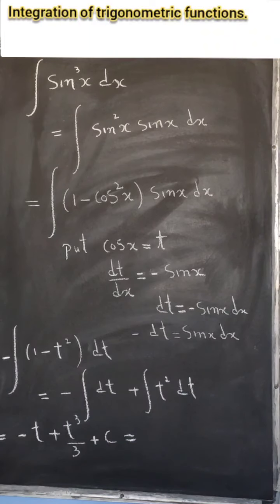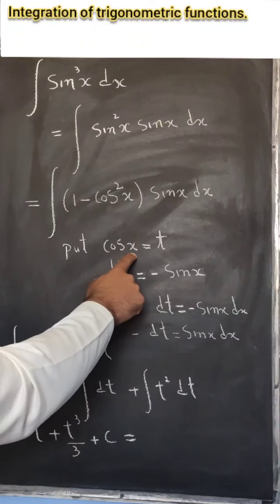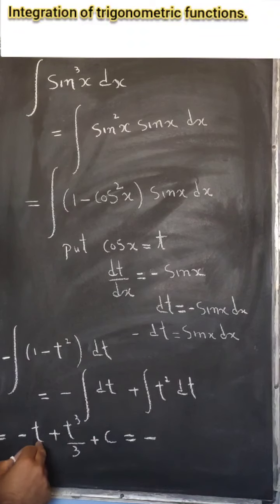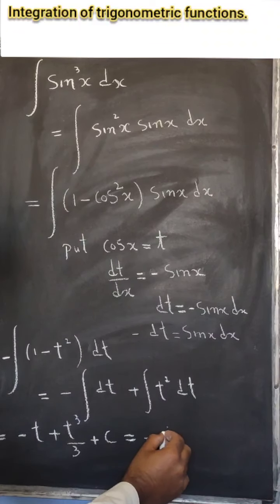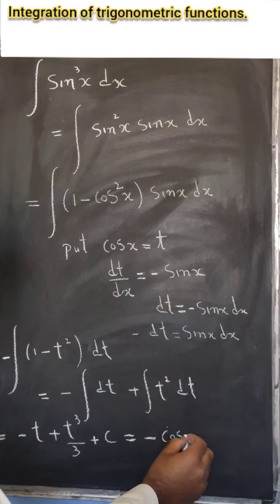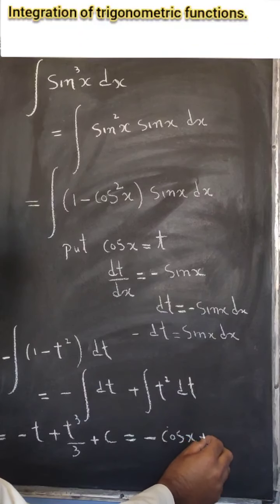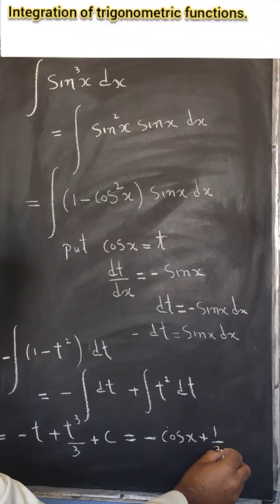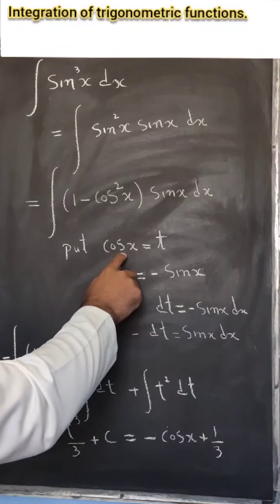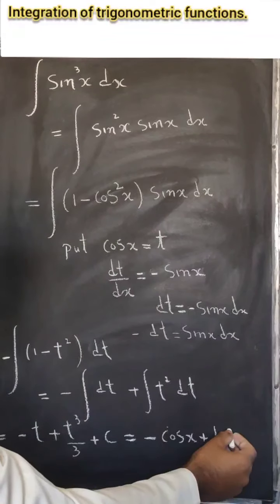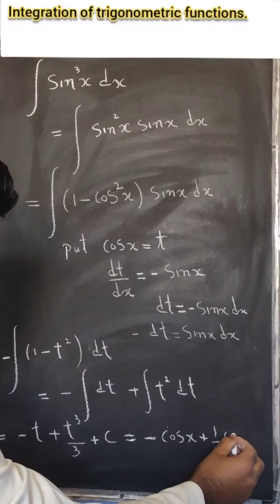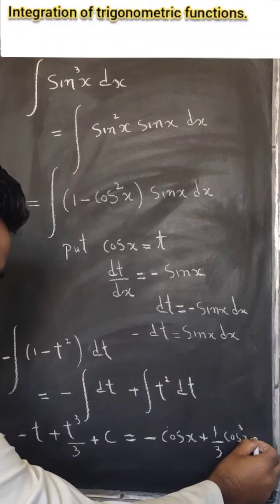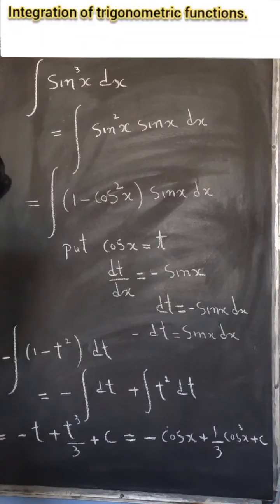Now t is equal to cosine of x, so instead of t we have cosine of x. So it is minus cosine of x plus 1 by 3, it is t cube, so we can write cosine of x cube or cosine cube x, plus constant of integration c.